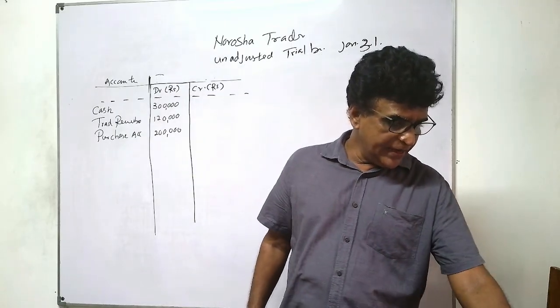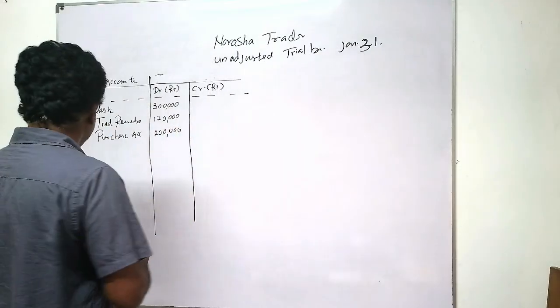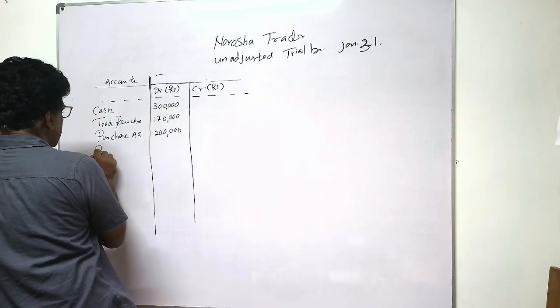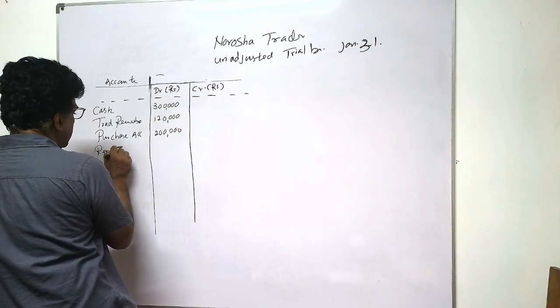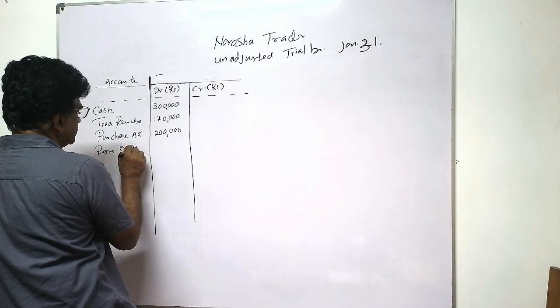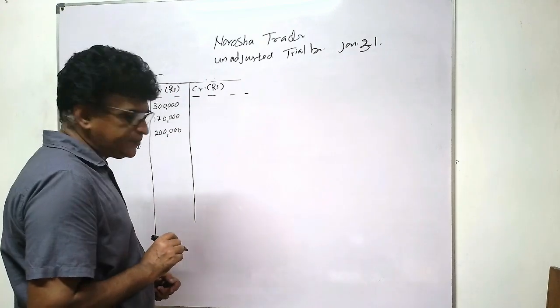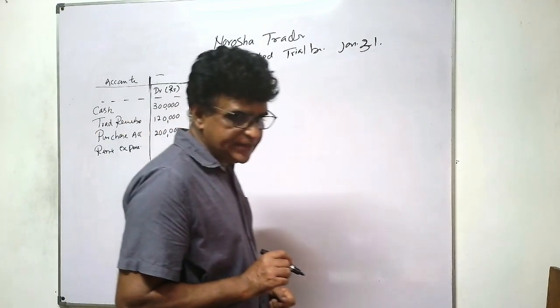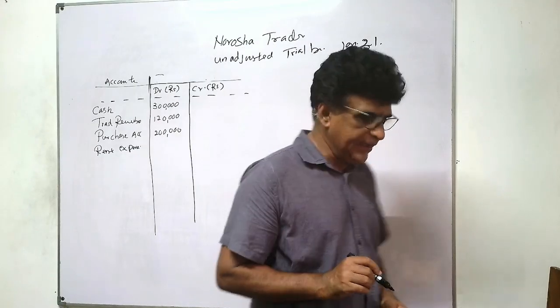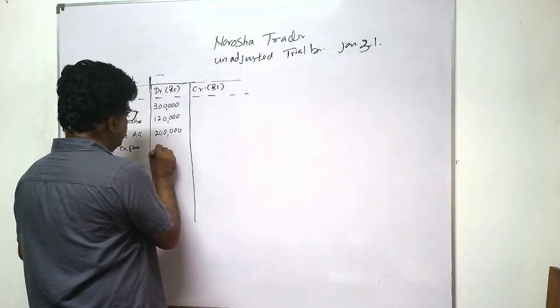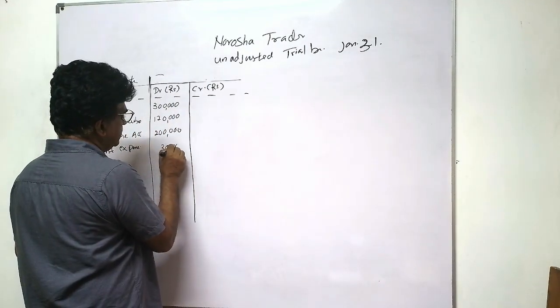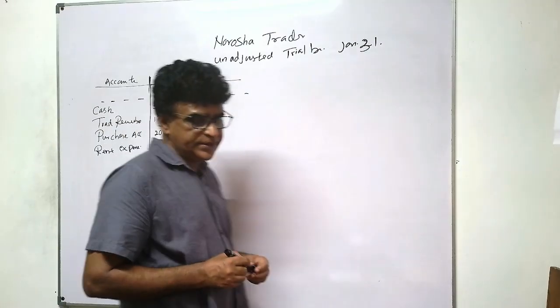200,000 and rent expense. Rent expenses, that is 30,000 rupees.